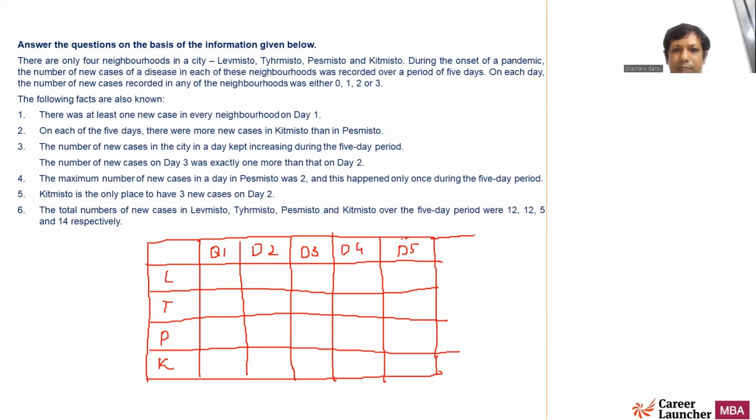Oh, statement number 6 is telling the total number of cases. Okay, so let's talk about the total. The total is 12, 12, 5 and 14.